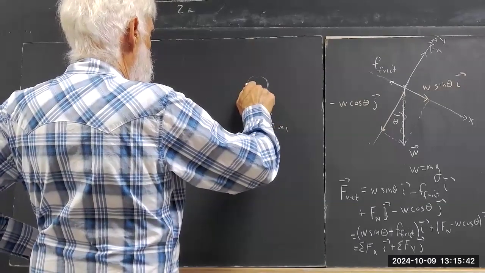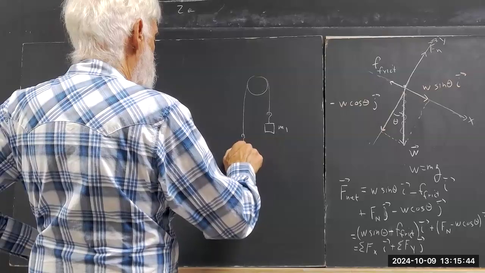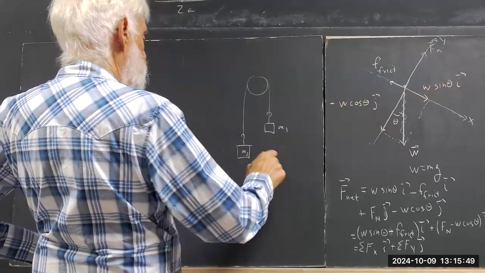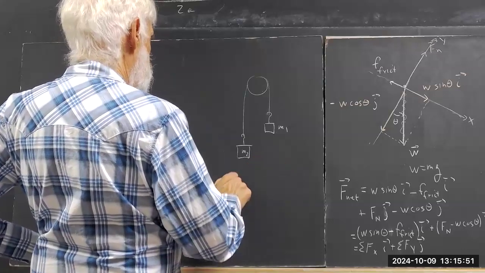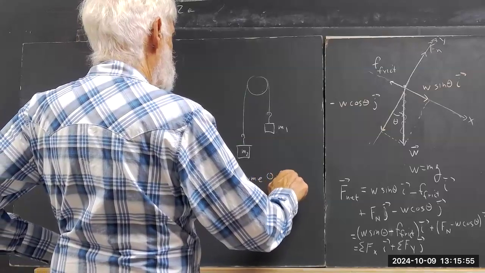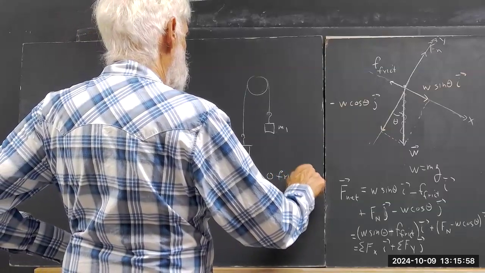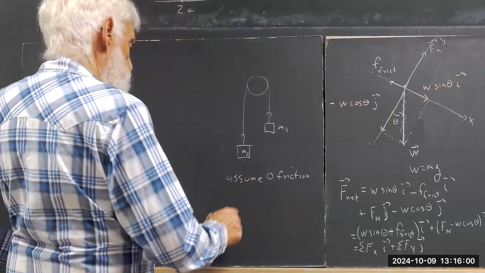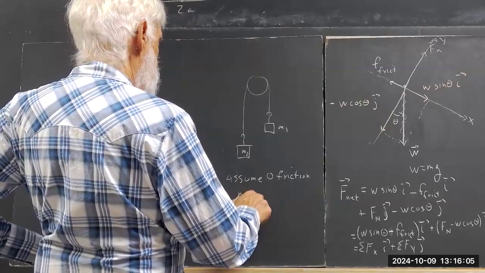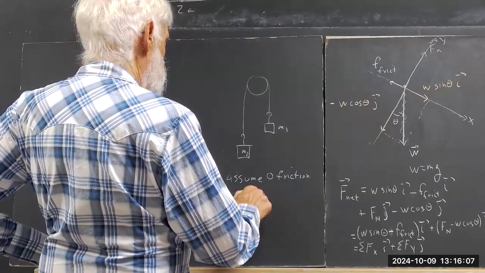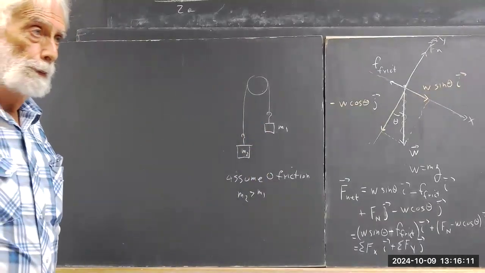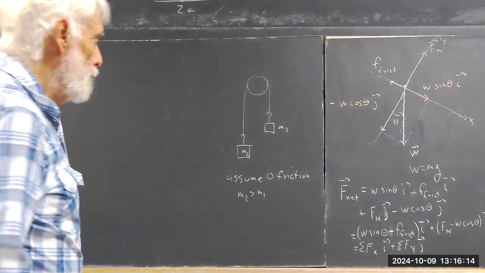This mass M1. This mass M2. Assume no friction. And we can arbitrarily assume that M2 is greater than M1. Okay? Then what do we know?